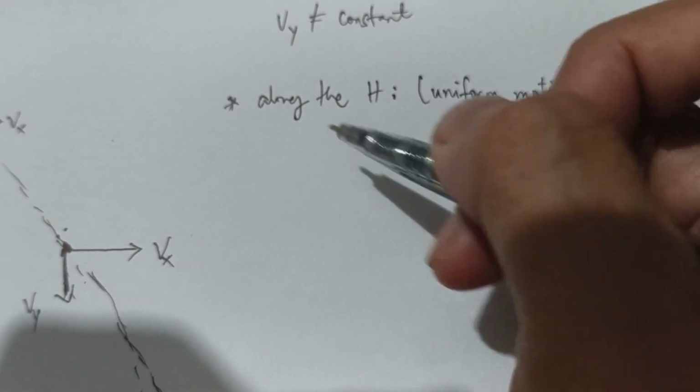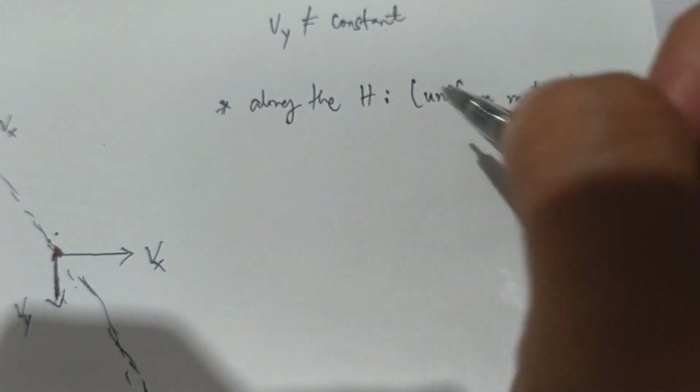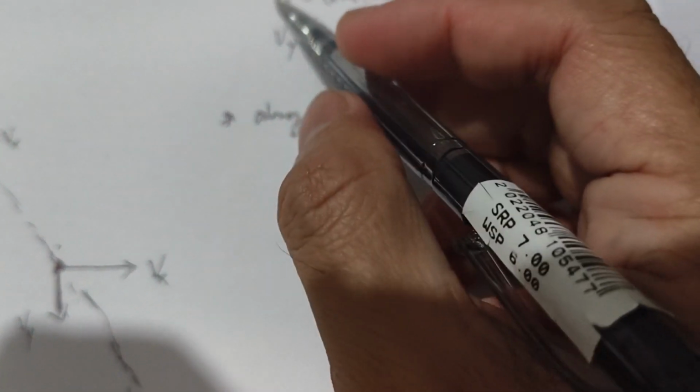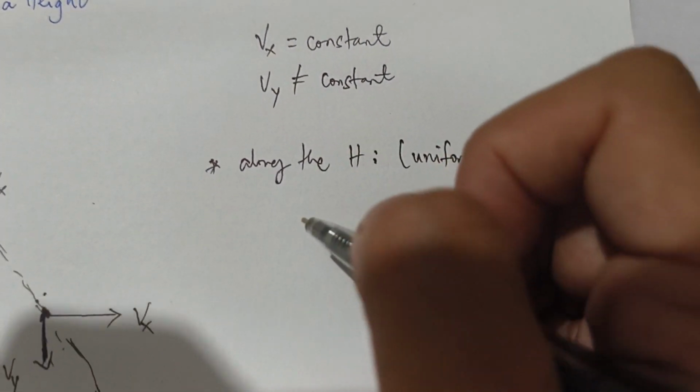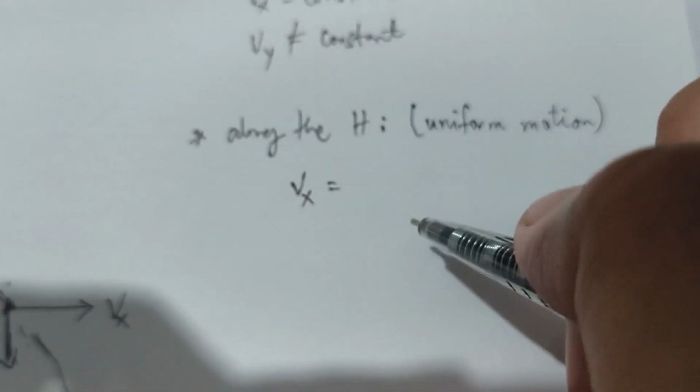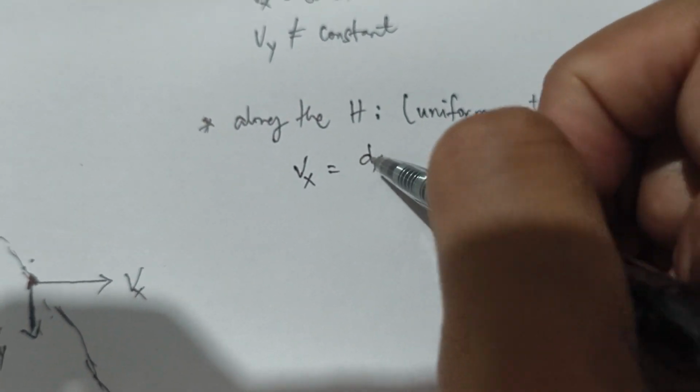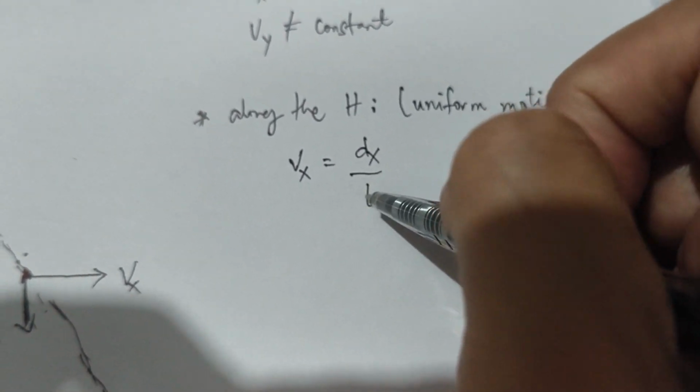So therefore, since we have a uniform motion, the applicable formula to compute for the horizontal velocity is Vx is equal to dx over time. Of course, the horizontal distance dx rather, ito yon.